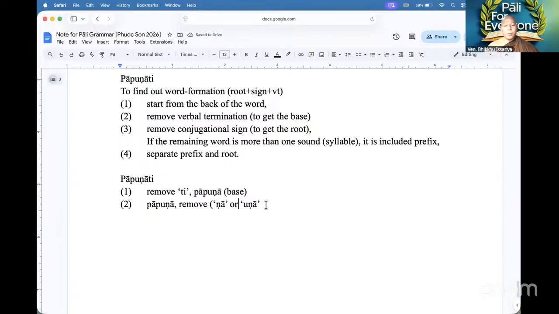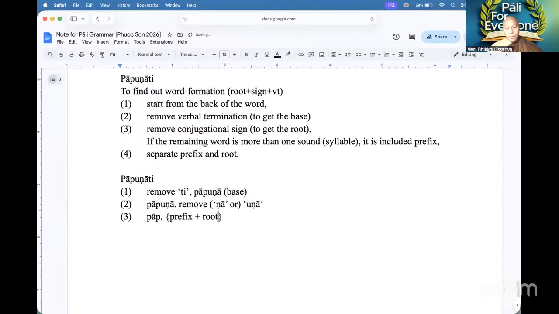By removing una, we have bab. Even though this is just one sound, we don't have a bab root, so maybe it is a prefix and a root.